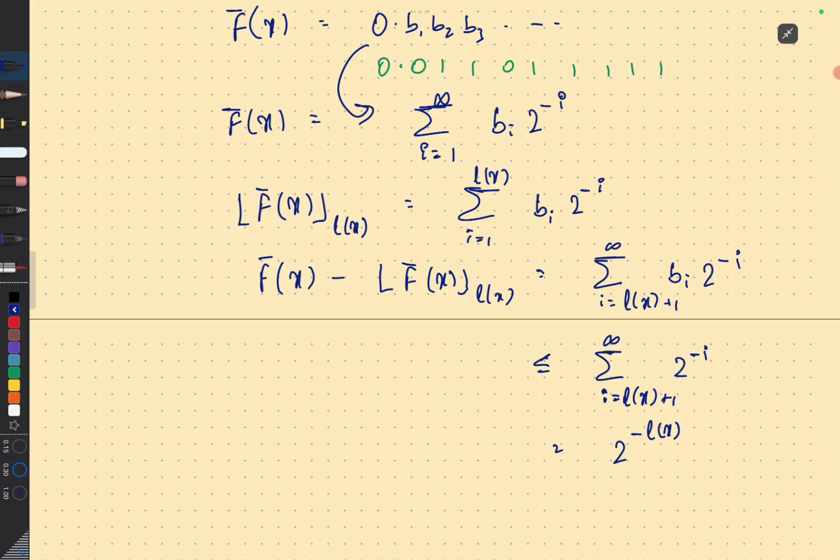So when can that happen? When is f bar of x truncated to L of x a prefix of f bar of x prime truncated to L of x prime?